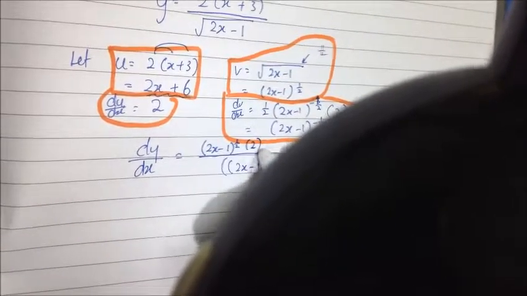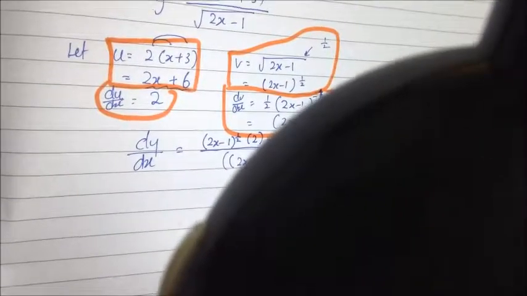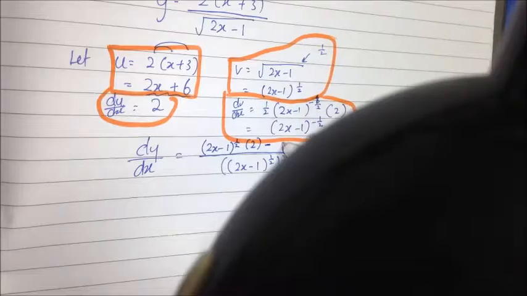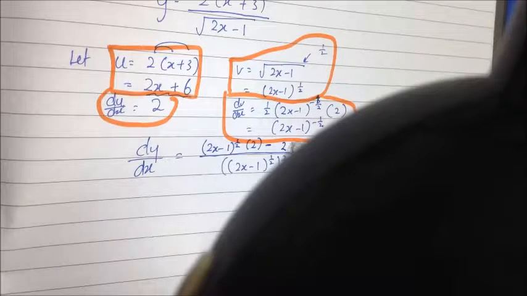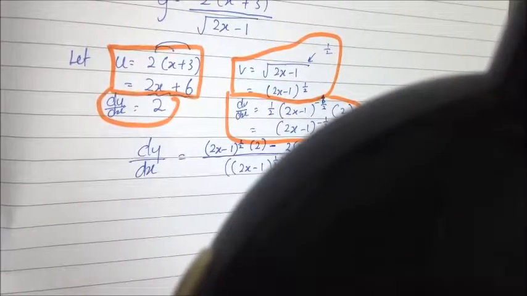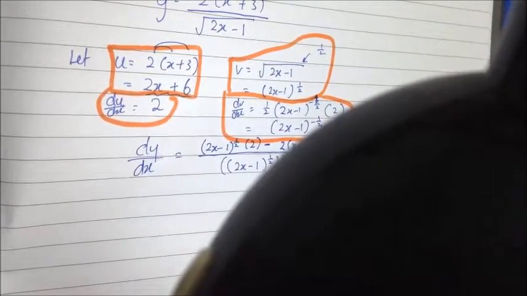It's just a 2. Then I minus. What do I do now? Copy top. So I write down 2 bracket x plus 3. Then what do I do? Differentiate bottom.